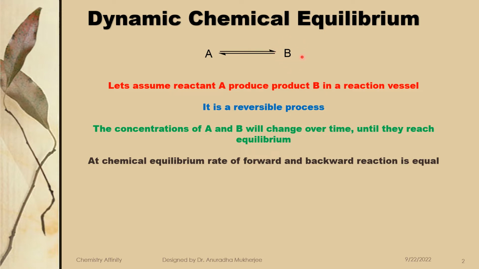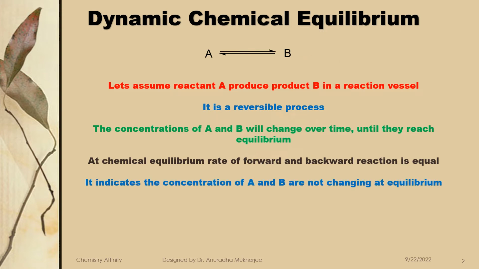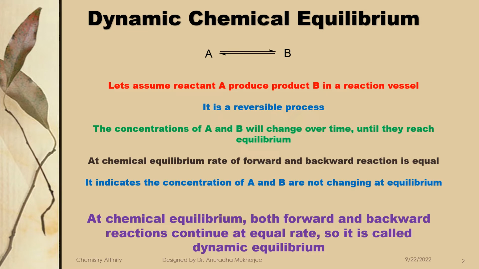Now, at a certain point of time, the concentration of A and B will not change. At that time we say the reaction has reached chemical equilibrium. That means at chemical equilibrium, the rate of forward and backward reaction is equal, and that's why the concentrations of A and B are not changing at equilibrium.